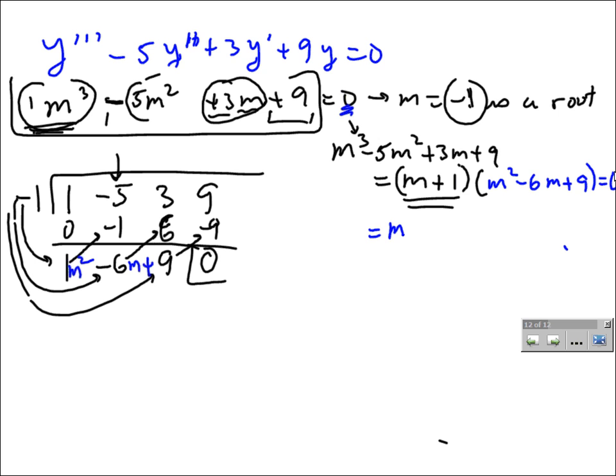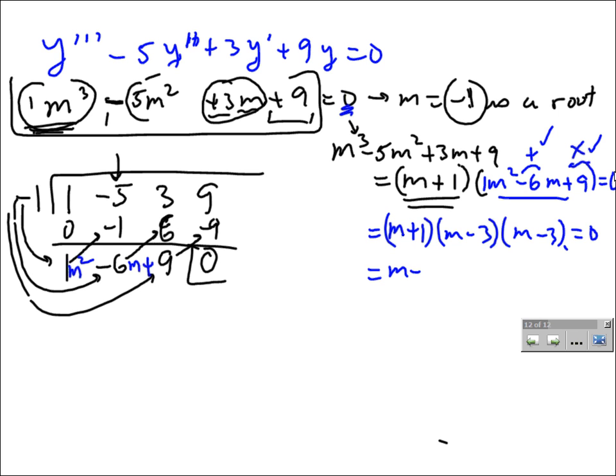Okay, well, m plus 1 I can't factor, but can I factor this? Since there's an understood 1 in front of the m squared, I'll play the m followed by a number game. The two numbers should multiply out to 9, the constant, and add up to the number in front of the m. The two numbers happen to be the same. They both happen to be negative 3. When you multiply negative 3 and negative 3, you do get 9, and when you add them, you do get negative 6.